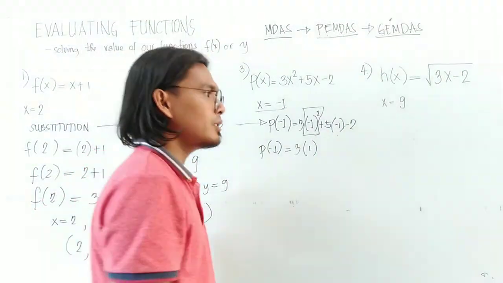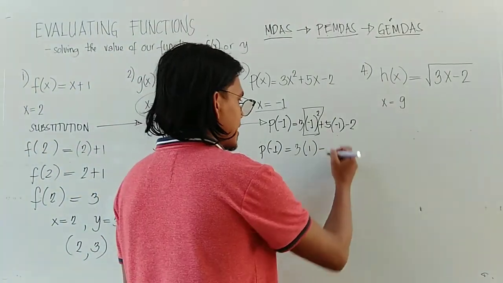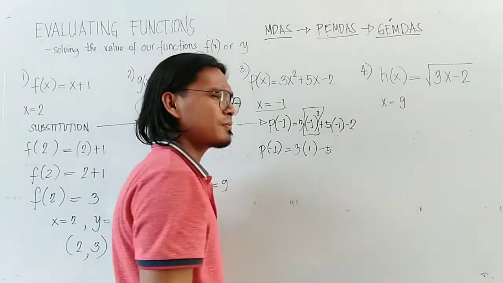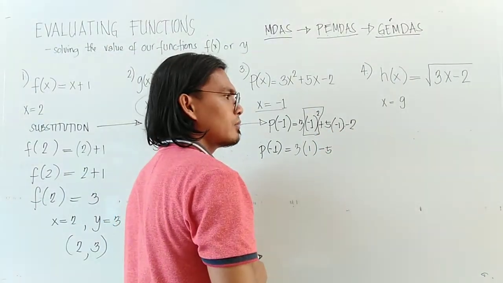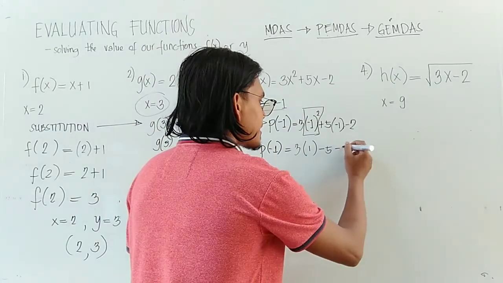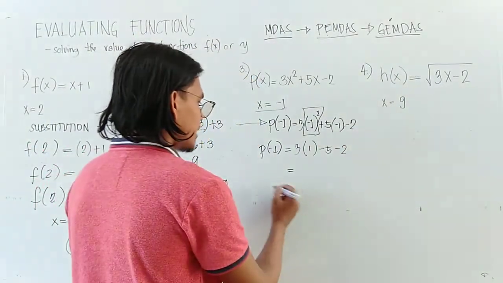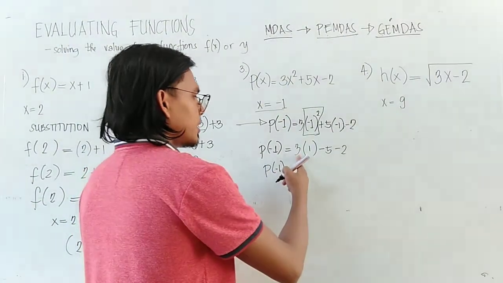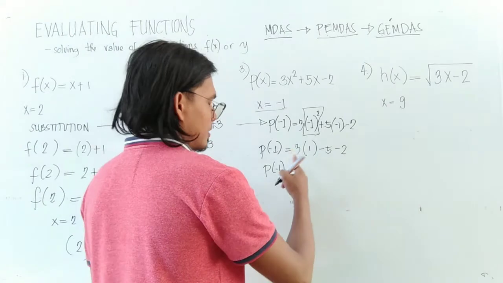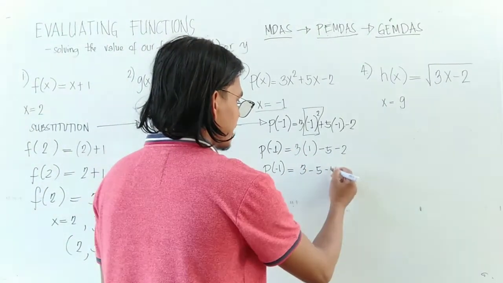So in multiplying unlike signs, the product is negative. Okay? So positive times negative is negative. Minus 2. Copy. Okay? Then we have p of negative 1. We have 3 times negative 1 squared, 3 times 1, we have 3 minus 5 minus 2.